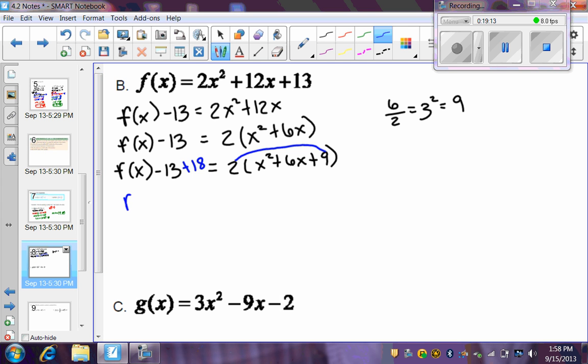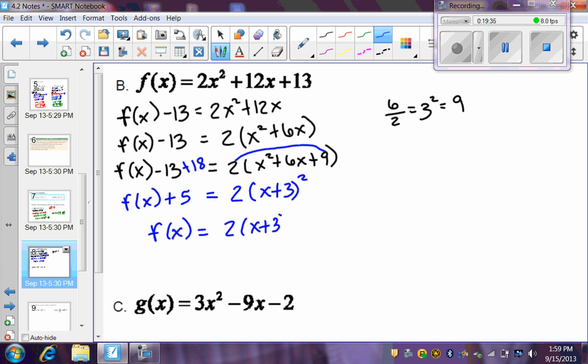So that gives me f of x, negative 13 and positive 18 makes positive 5, equals 2. This is a perfect square trinomial, so that factors to x plus 3 squared. And then the last step is to move your k back over. So you have f of x equals 2 times x plus 3 squared minus 5. And your vertex is at negative 3, negative 5.